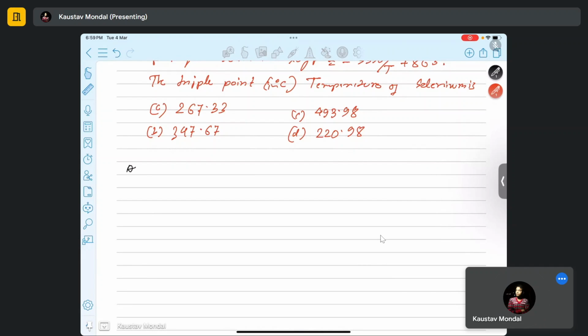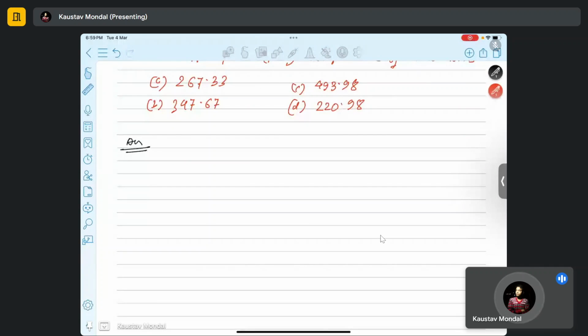In thermodynamics, triple point is a very specific condition. It is basically a temperature and a pressure at which the three phases of a substance, solid, liquid, gas, coexist in a thermodynamic equilibrium.